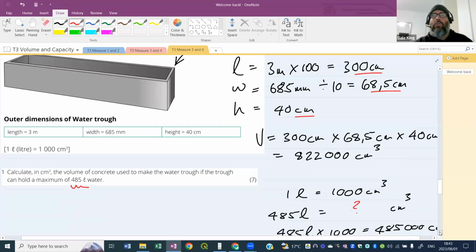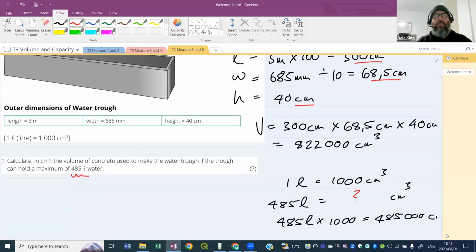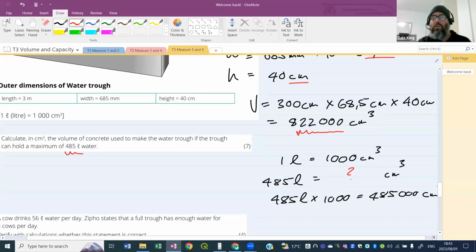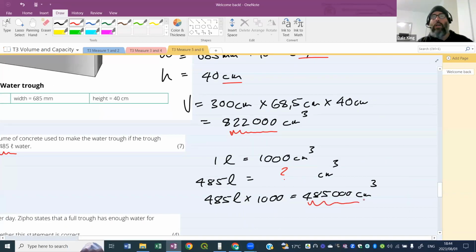Now, what we need to do is work out the difference between the outside of this trough and the inside, which is water. The outside is concrete and the inside is water. So we take this value, which is 822,000, as if it was all filled with concrete. We subtract the 485,000, which is the part that's inside that is water. And it's going to give us 337,000.